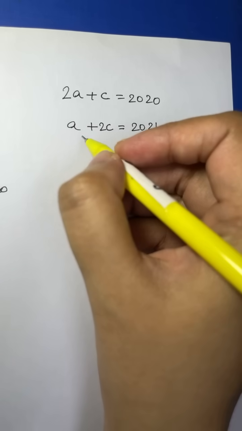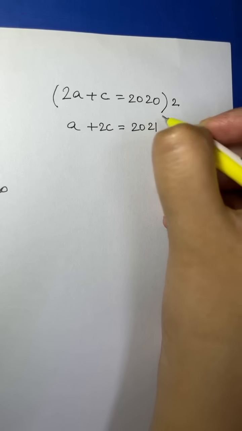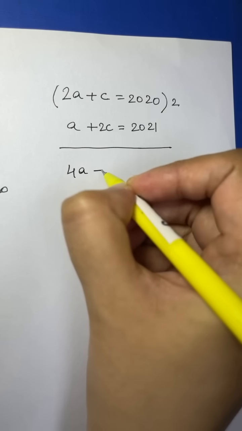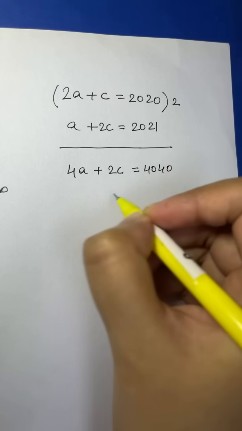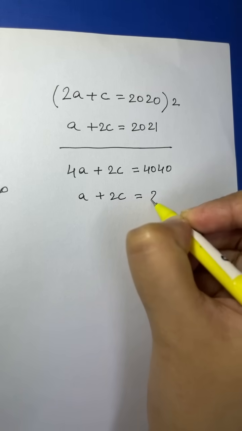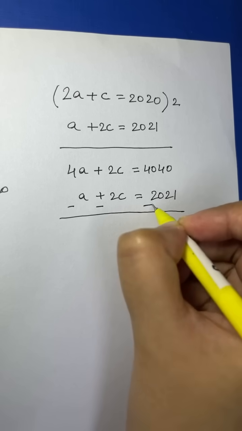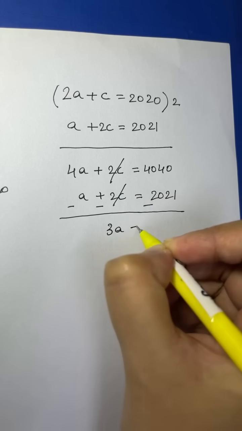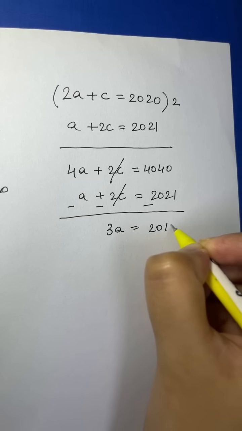If you're using the elimination method, just multiply the first by 2. So you get 4A plus 2C equals 4040. Now for the other equation, A plus 2C equals 2021. Just subtract it. So 2C gets cancelled out. 4A minus A gives you 3A equals 4040 minus 2021, which gives you 2019.